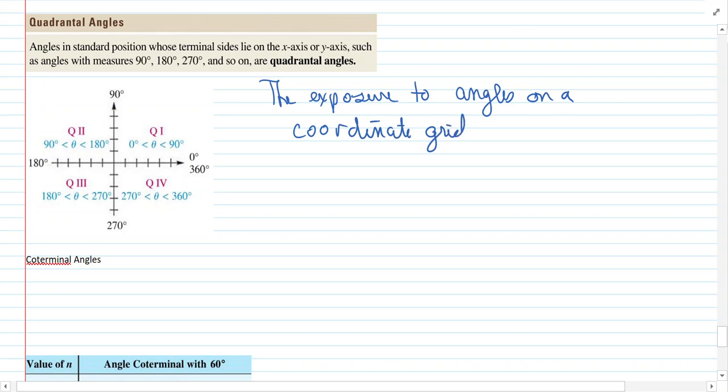And what we have to understand is the position of those angles on a coordinate grid so we can prepare for trig.